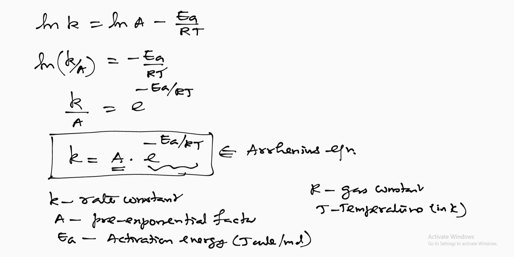Now we'll discuss how this Arrhenius equation gave an explanation for the discrepancy that was observed before. Yes, let's proceed further.